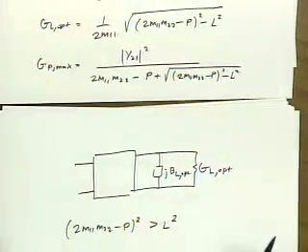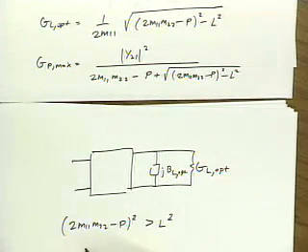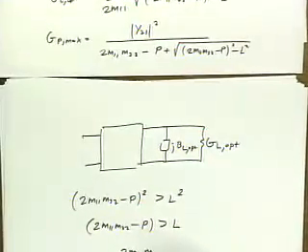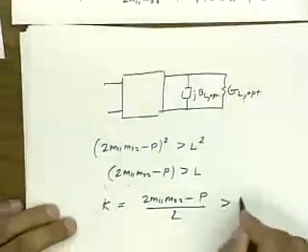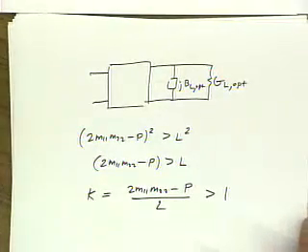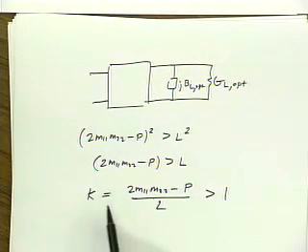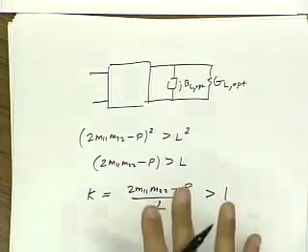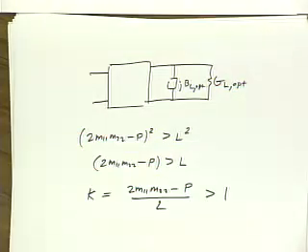Rewriting this, both sides are squared, so I can take the square root of both sides, and I can now define a constant k which has to be bigger than 1. So the condition for the solution to exist is that k has to be greater than 1. Up to here, this is just some wacky constant. We don't really know what it represents. We just know that it's related to having a real load termination.